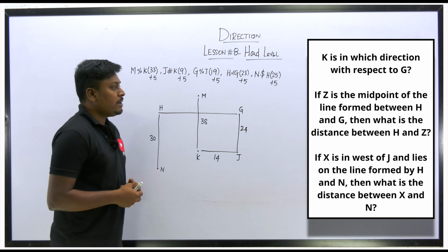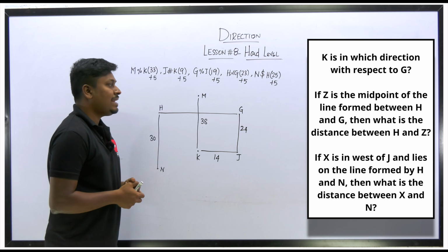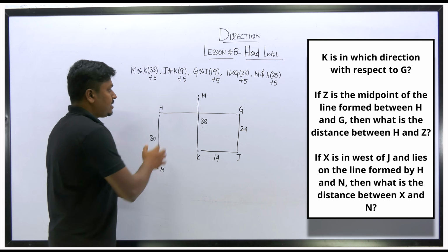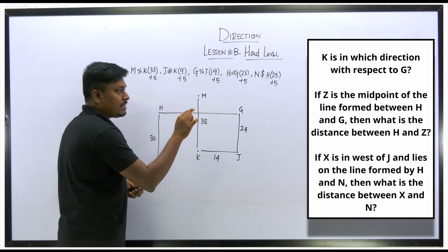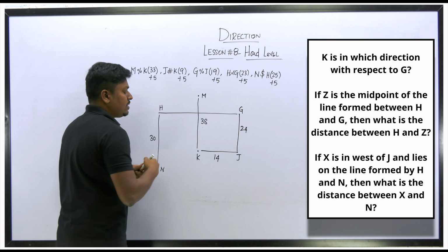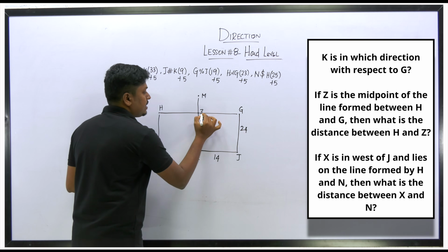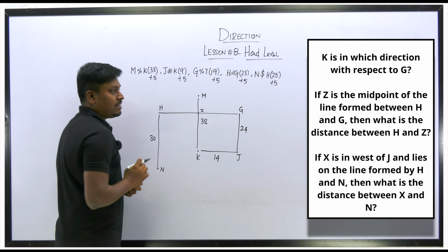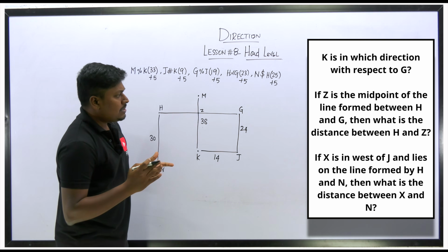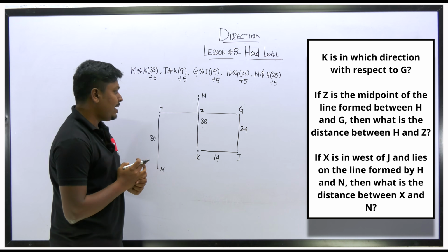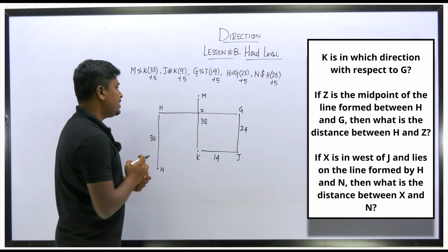Second, if Z is the midpoint of the line formed between H and G. What they are saying is, if Z is the midpoint between H and G, so let me fix it here, then what is the distance between H and Z?